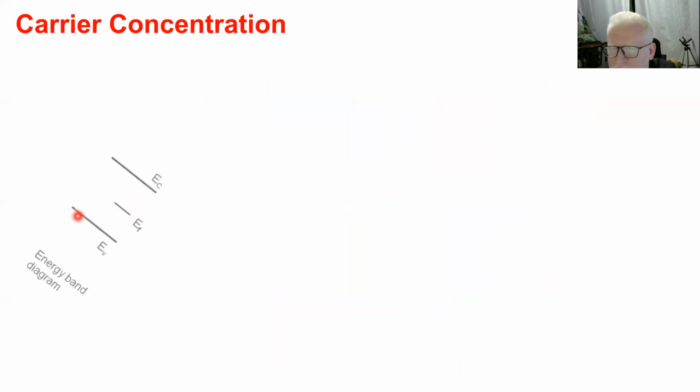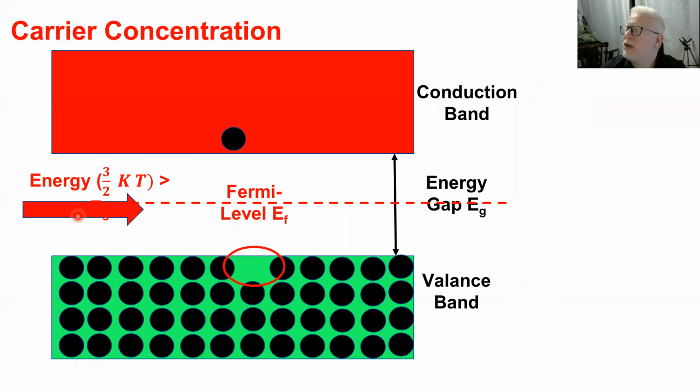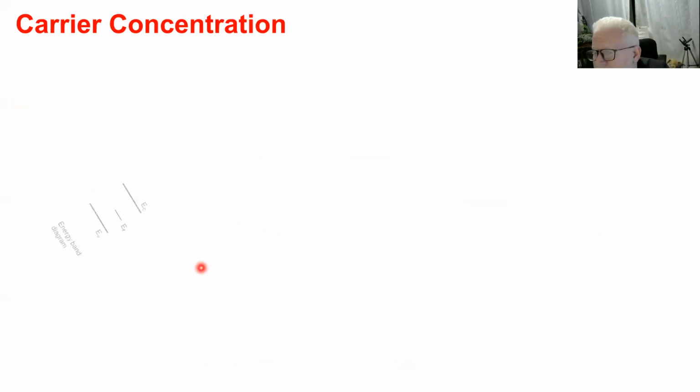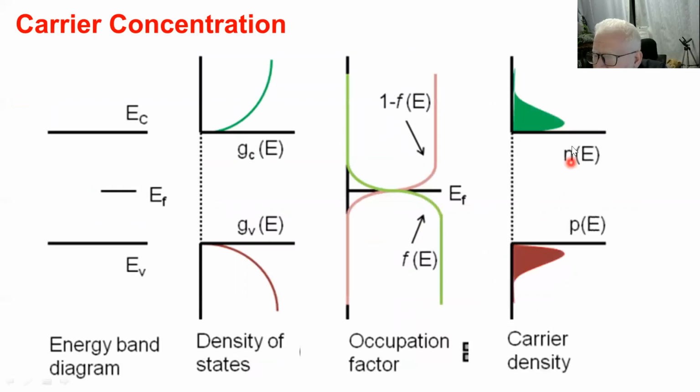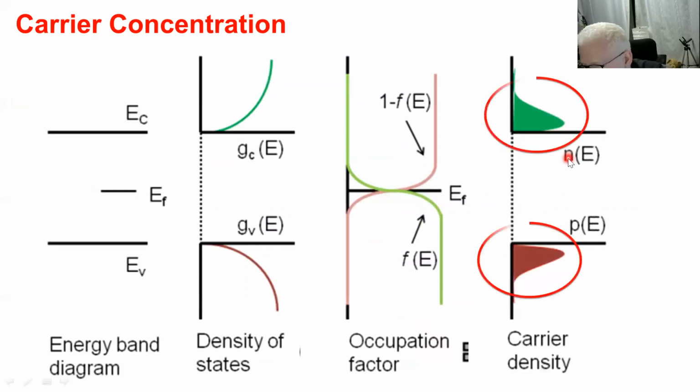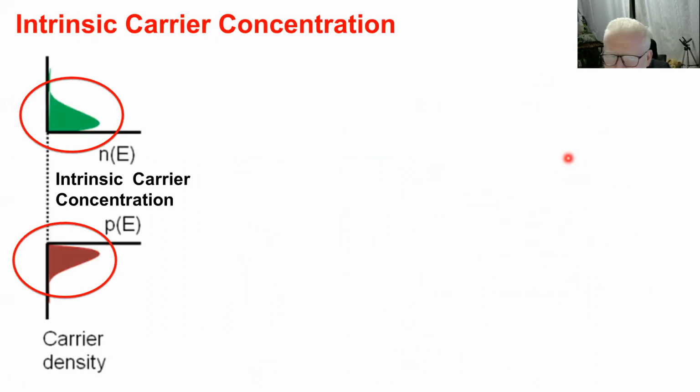Here, for example, we might have 10 power 5, 10 power 7, 10 power 8, whatever the number is. This will differ from one material to another. But these are the electrons that can naturally jump from the valency band to the conduction band. So this is a very important definition, my dear students: we call this the intrinsic carrier concentration. Again, very simple.